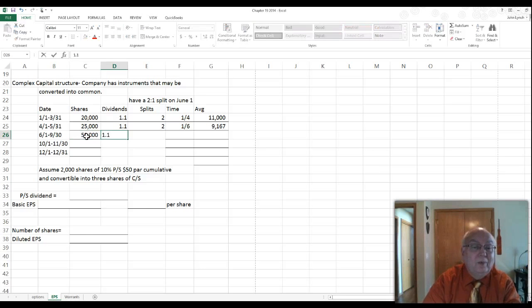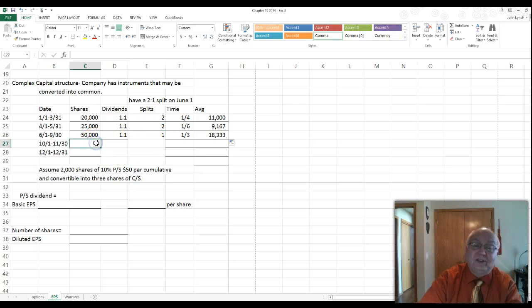We still have the 1.1. I'm going to put a 1 there because we're not multiplying anything there. And this is for 4/12 of the year. And we can simply copy that down. After an event happens, you put a 1 in there if you want to. You can leave it blank, just don't multiply, if you use Excel.